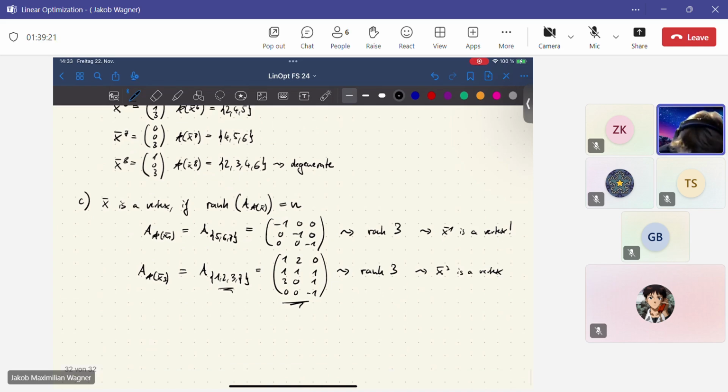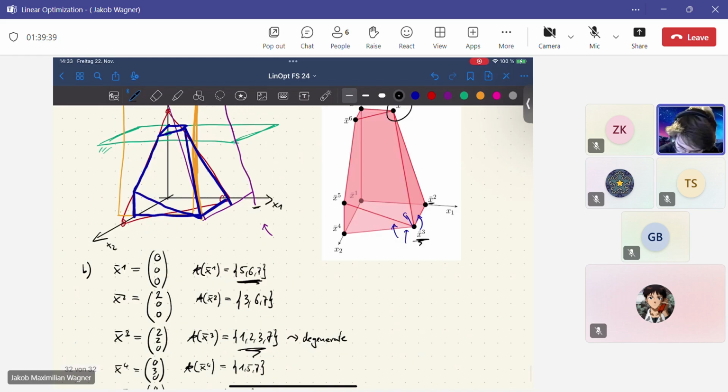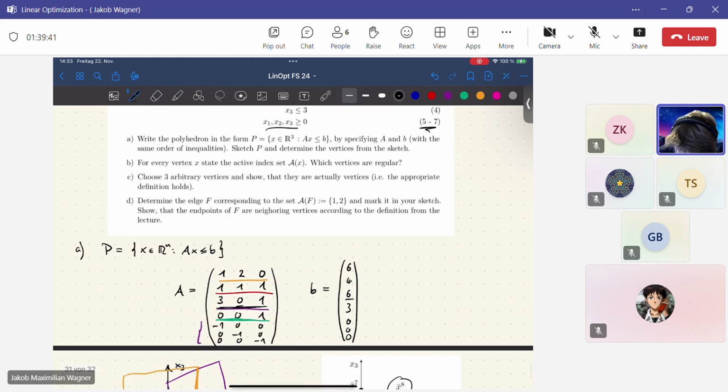And the last one would be number 6. I've just picked 3 random ones here, which has active indices 2, 4, and 5. So we need to select the rows 2, 4, and 5 from our matrix.